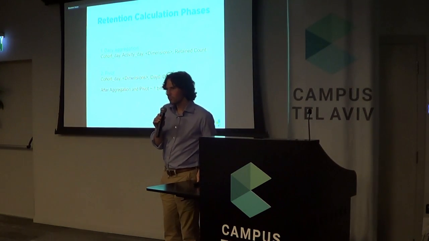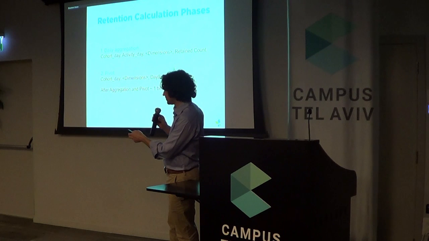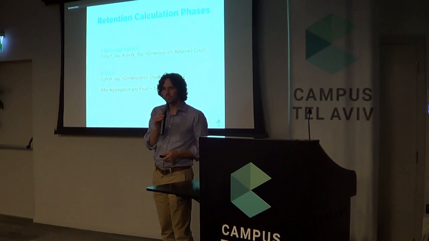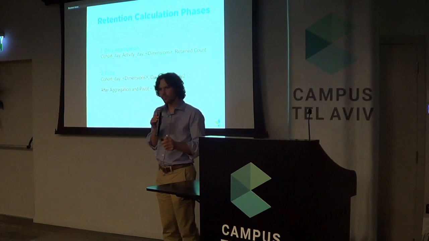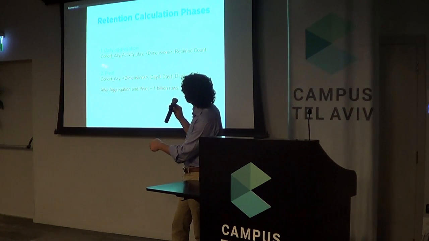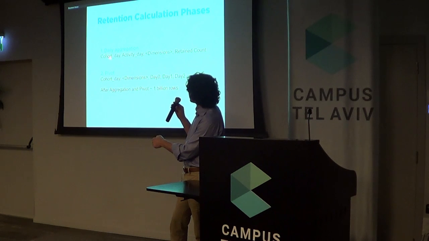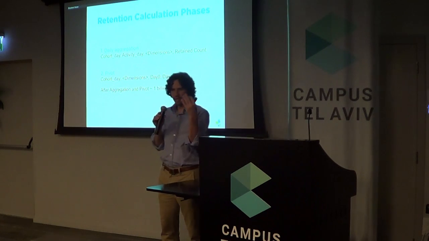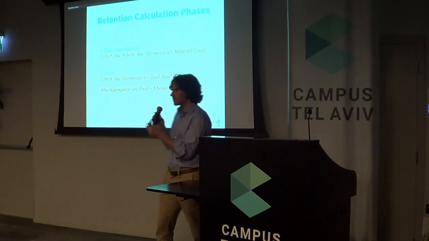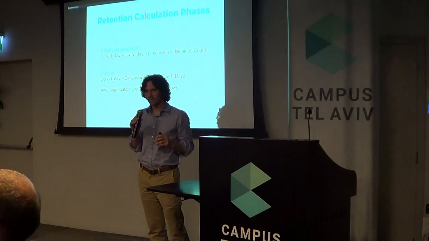To do this, we run it in 2 phases. The first is we use a SQL query, in a daily step, to aggregate all the activity for the day that we're aggregating, and then the cohort day, which is the install day.